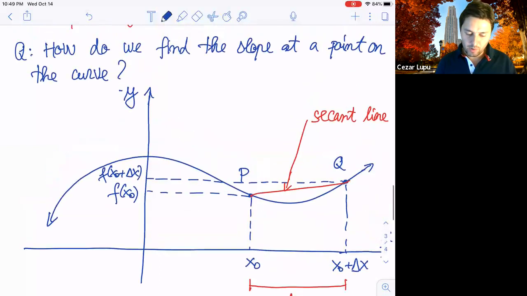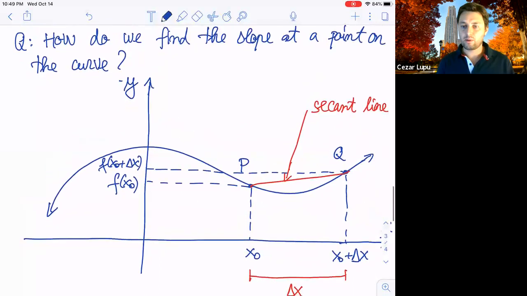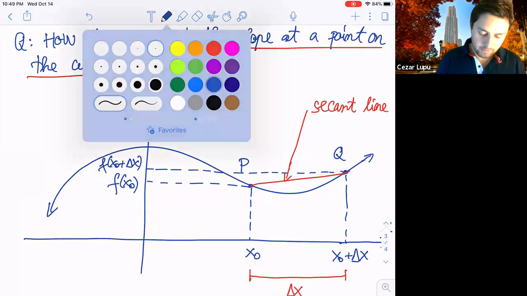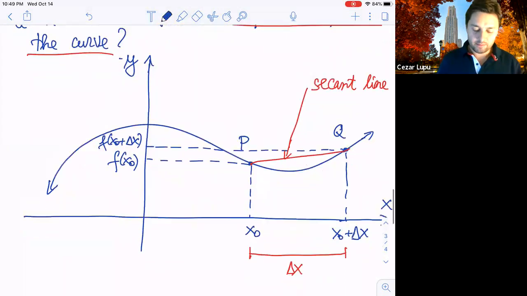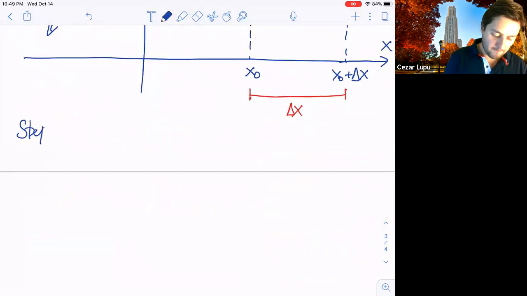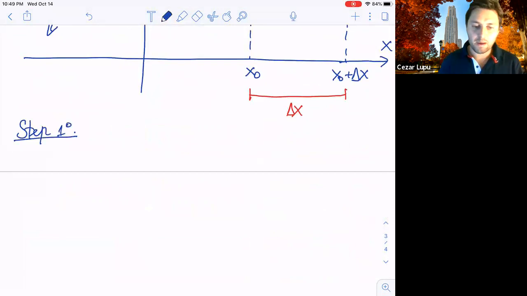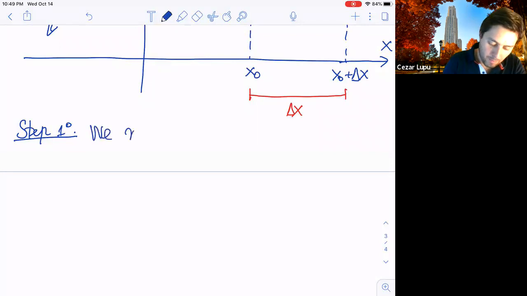And using this picture, we would like to answer the question: how do we find the slope at a point? This is what I'm interested in on our curve. The procedure is the following. Step one: we need 2 points to find a slope, right?